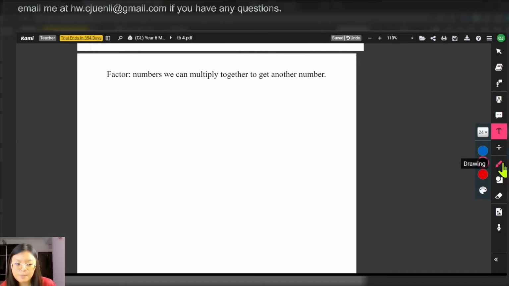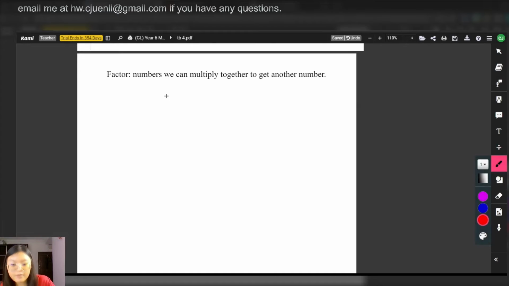I'll show you an example. A very simple one, which is 2 times 4 equals 8, right? We multiply 2 and 4 together, so we get the other number, which is 8. So a factor of 8 is 2, and a factor of 8 is 4. So we have two factors over here.